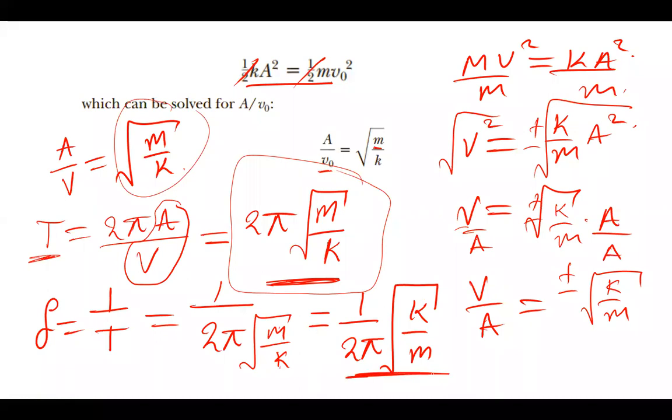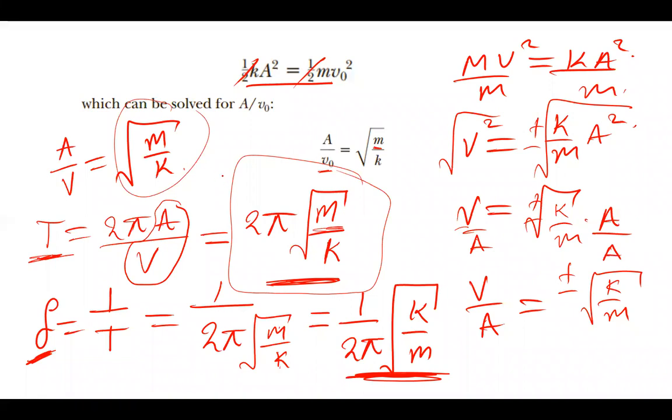So make sure when you're writing, these are the simple mistakes that a lot of people make. When you're finding the period, it's M over K under the square root. Then when you're finding the frequency, what is under the root will flip. They are going to switch. The K will come on top, and then the M will go down.